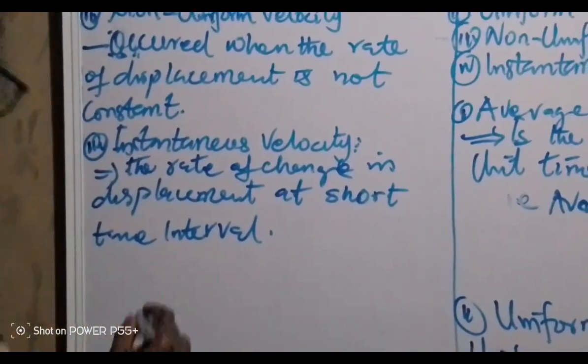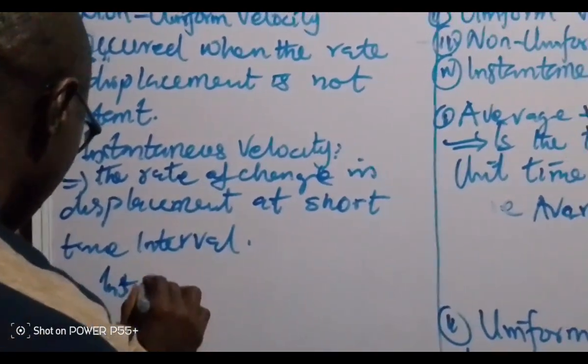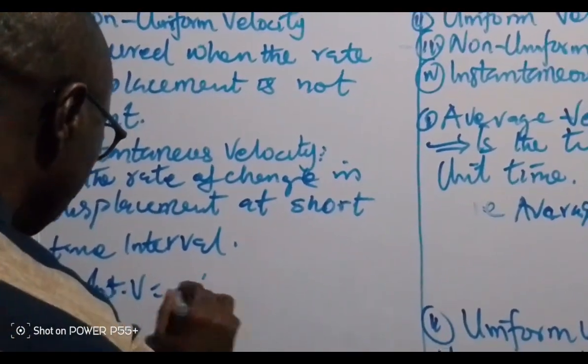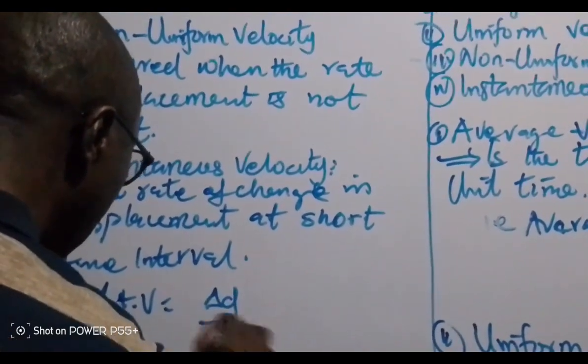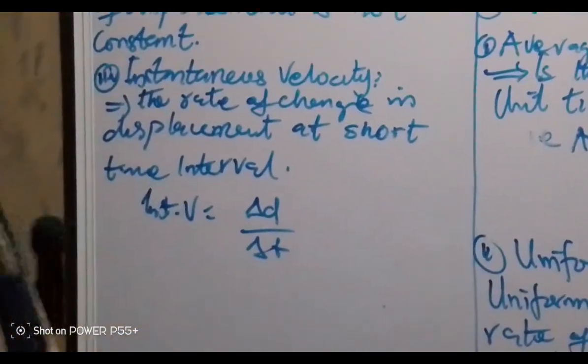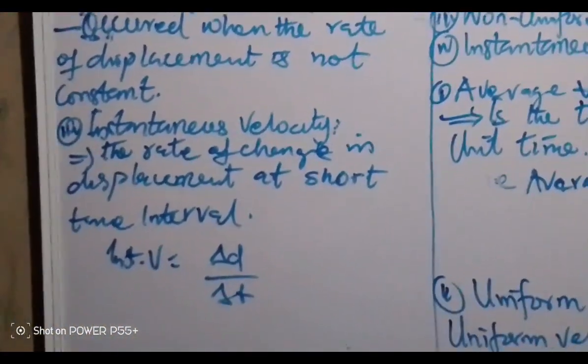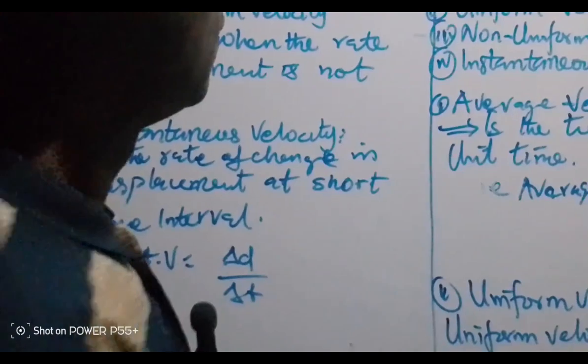And this one means instantaneous velocity is equal to delta D over delta T. That is, change in displacement over change in time taken. So these are for velocity.